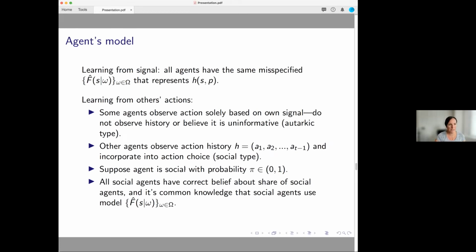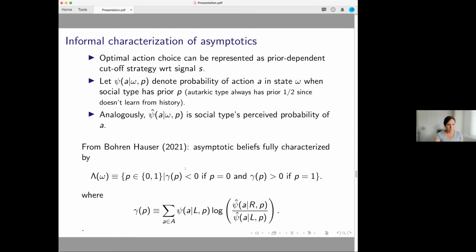I'm going to skip the details here, but basically once agents are learning from other agents' actions, they need both a model of the signal process as well as a model of how other agents learn. We look at a really simple case where agents believe that all other agents are the same as them, using the same model.